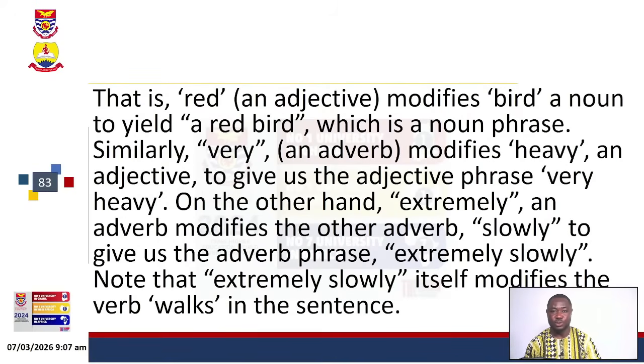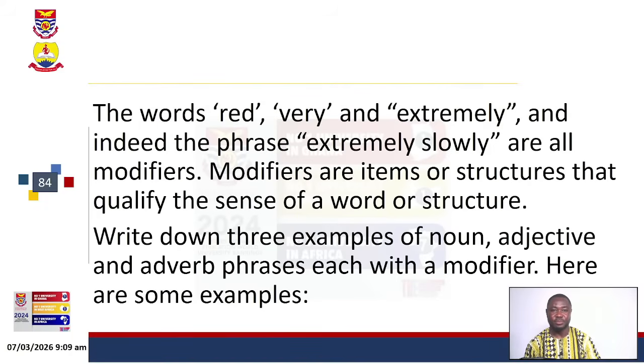Extremely slowly means highly slowly. The words red, very, extremely, and indeed the phrase extremely slowly are all modifiers. Modifiers are items or structures that qualify the sense of a word or structure.